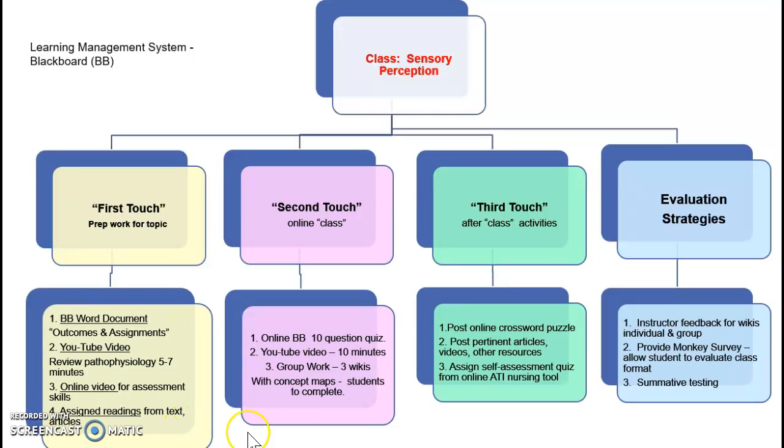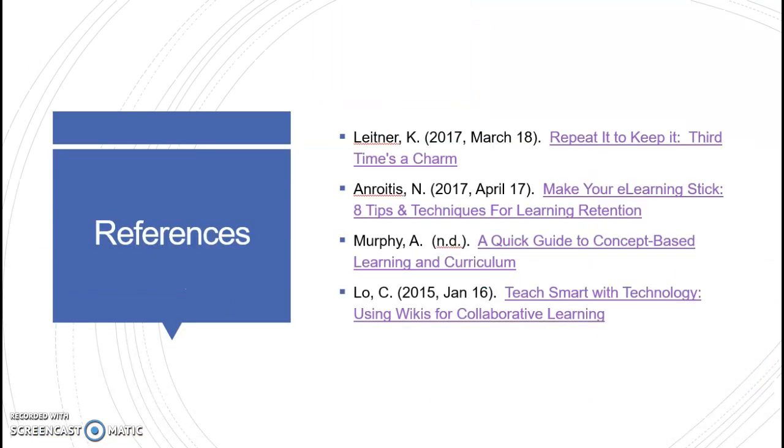The second boxes down give you the actual online activities that I plan to use, and this is very clear to the students, so they'll know what it is that they're going to be doing. Each activity is aligned with a student learning outcome. The students should be able to go back to those and say, yes, I've covered this, I've covered this, I've covered this. I also have included here a list of references that I used.